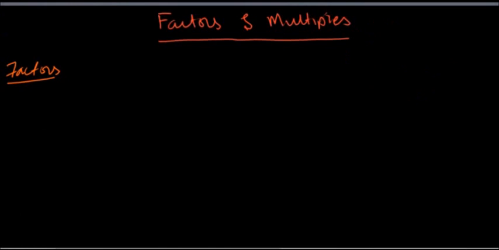so the next topic is factors and multiples. Okay, so let's start with factors. You might have seen a statement like this: 3 is a factor of 12. So in very simple terms, what it means is that 3 multiplied by some number can give you 12.